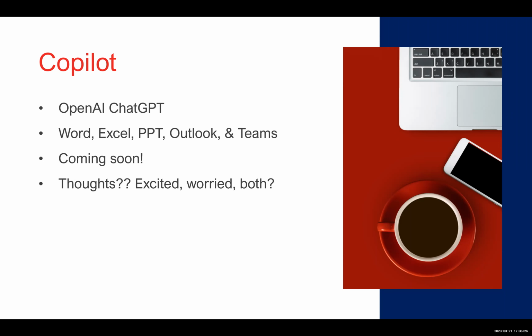If you haven't played around, get on, create an account. It's a free account you can create, and it's amazing what it does. But Copilot, basically they are incorporating ChatGPT into Word, Excel, PowerPoint, Outlook, Teams. There's going to be other things also to help you generate content.